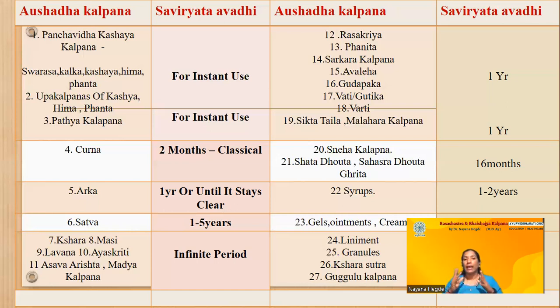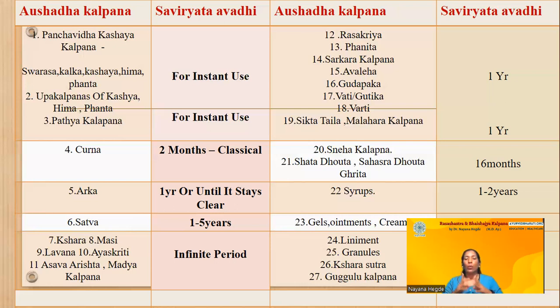Pathya kalpanas have saviryata avadhi of only instant use. These things should be used instantaneously. It should be prepared and immediately consumed, so that the medicine has its potency intact. Next is churna kalpana, we studied, that is masadvaya or 2 months.